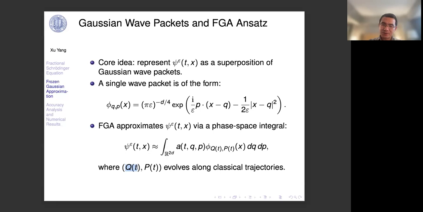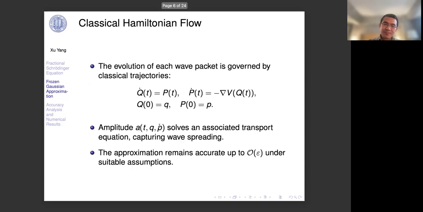However, it also has some distinct differences because it has a volume. So it's not like a particle. It's a Gaussian wave packet. Okay, so the classic dynamics for the standard Schrödinger equation is like Newton's second law, right? Q is the position, P is the momentum.